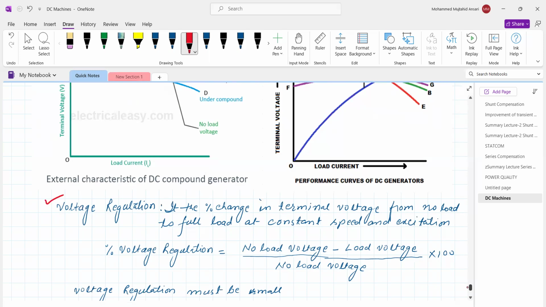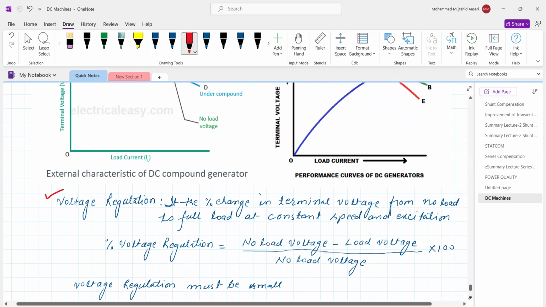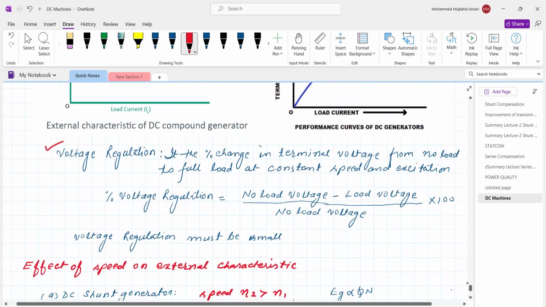If the current is 50% of its rated capacity, then the voltage regulation is called the 50% load voltage regulation. No doubt, the voltage regulation must be small, it may be 5% or 10%. If the voltage regulation is 20%, it means that the voltage regulation is poor.